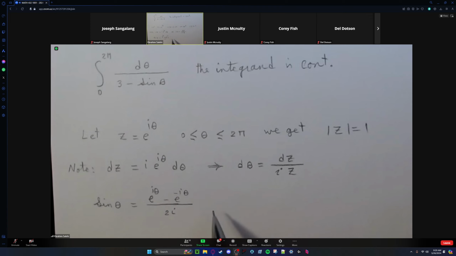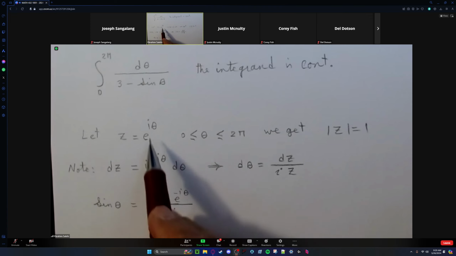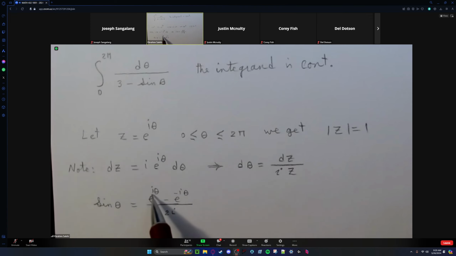So if I call e to the i theta z, this is z, this is 1 over z. So sine theta is 1 over 2i times z minus 1 over z.